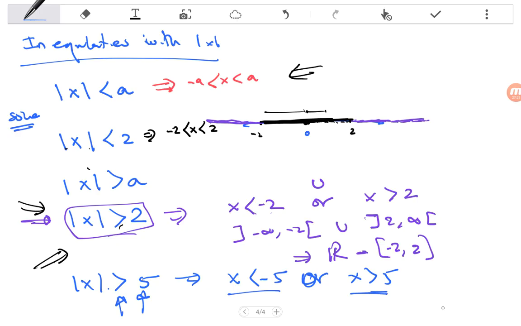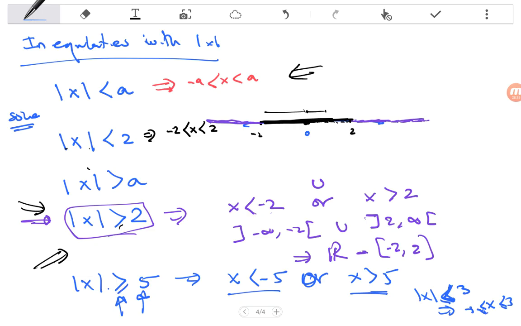What if I need to find the solution of absolute x less than 3? In the case of less than or equal to 3, the equal is reserved, so the solution will be x from -3 to 3 with the equal sign as it is.